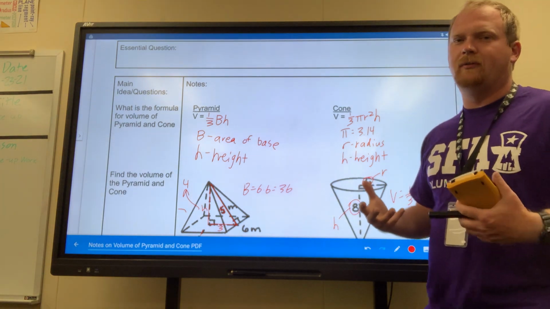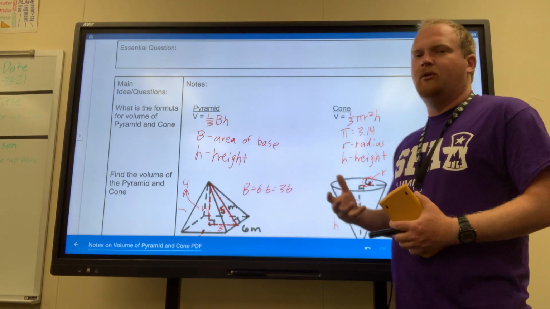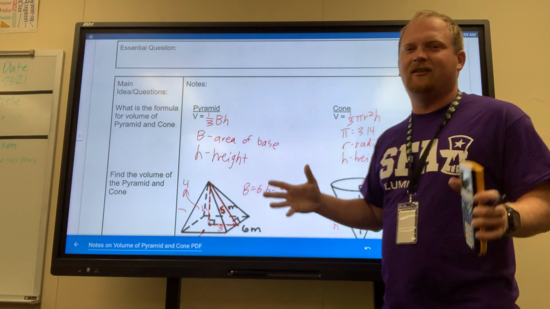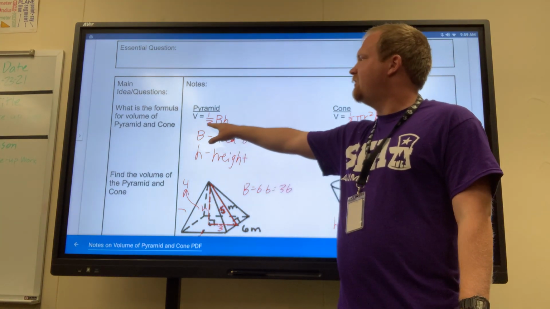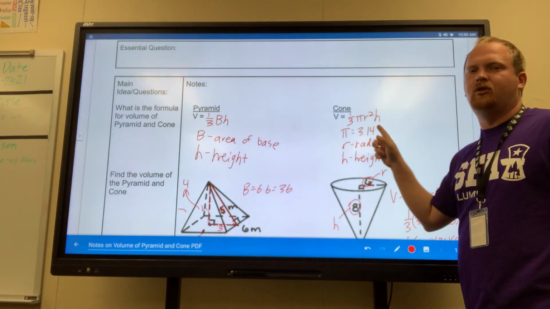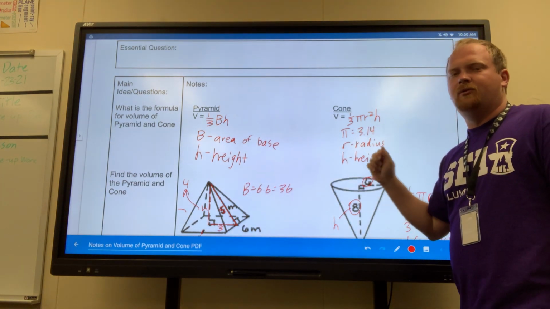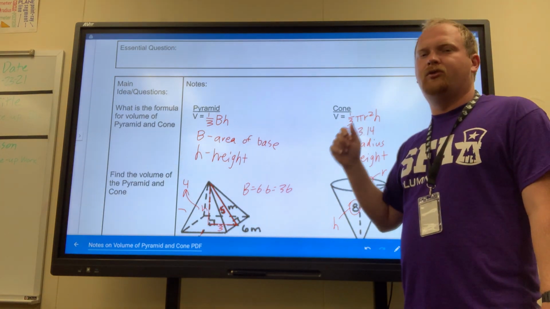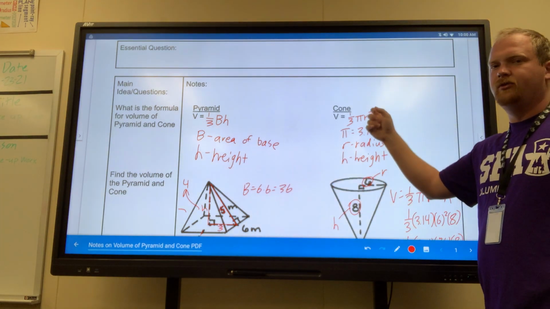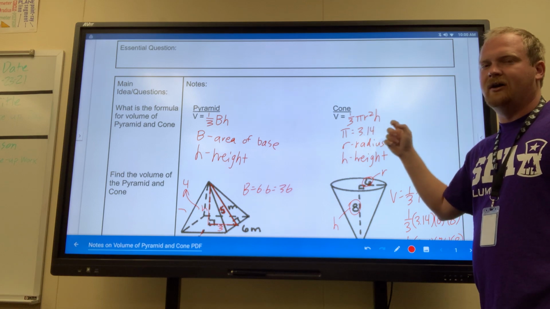So while yes, the formula is kind of the same, the big difference is that a pyramid is going to be 1/3, and so will a cone. So it's 1/3 times base times height for a pyramid, and cones are 1/3 times pi r squared times h.